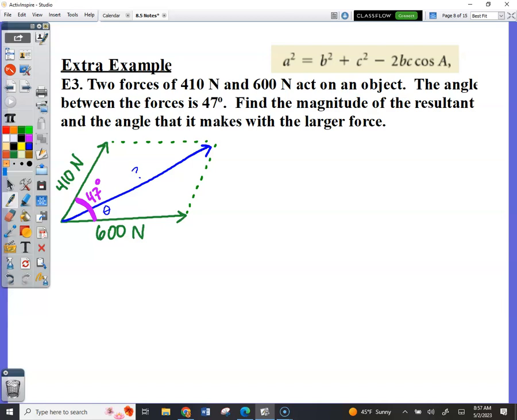I always start with finding the side before I jump to the angle part. So I have included on your paper the formula for law of cosines when you're looking for a missing side.